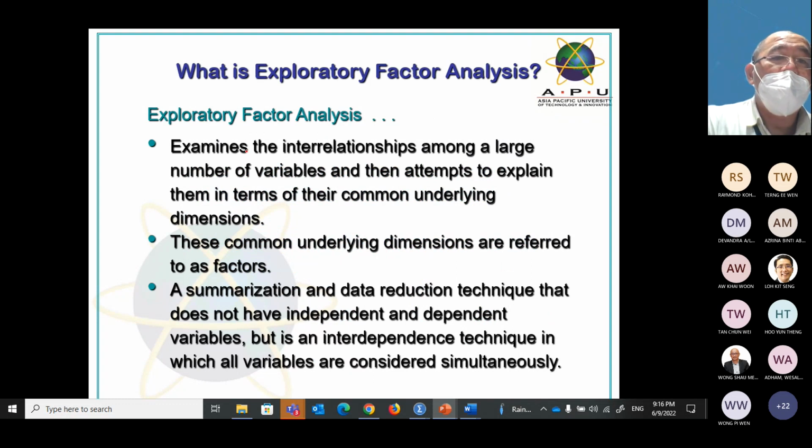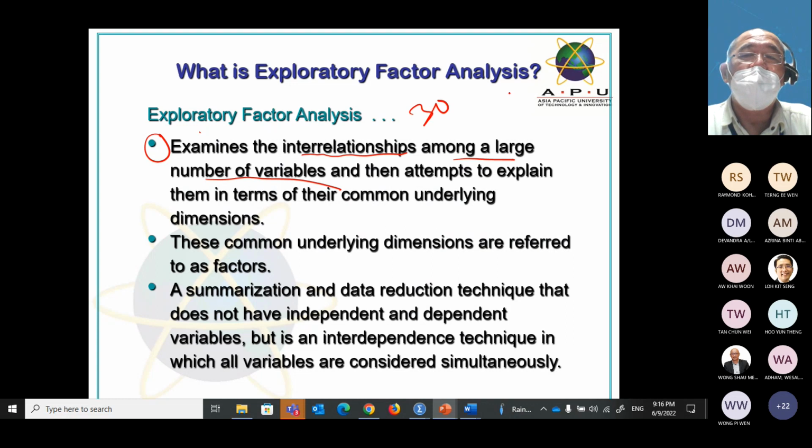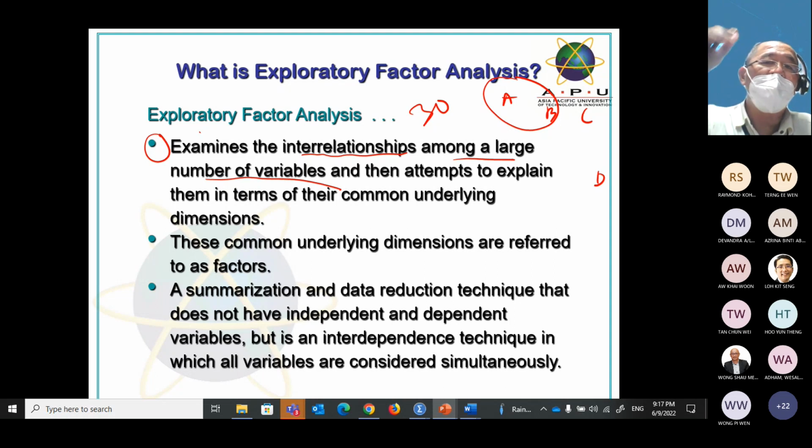In EFA, exploratory factor analysis, we examine the interrelationship among a large number of variables, let's say 30. For example A, B, C, D: A and B maybe have a strong relationship, A and C don't, and so on and so forth. Therefore you can compute the correlations actually.